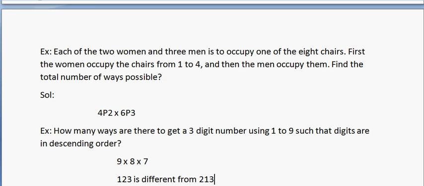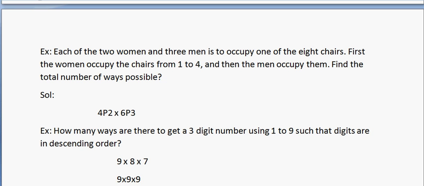So the number of 3-digit numbers which can be formed using 1 to 9 is 9 into 8 into 7 when repetitions are not allowed. There can be questions where repetitions are allowed as well. So the number would then become 9 into 9 into 9, if repetitions are allowed.